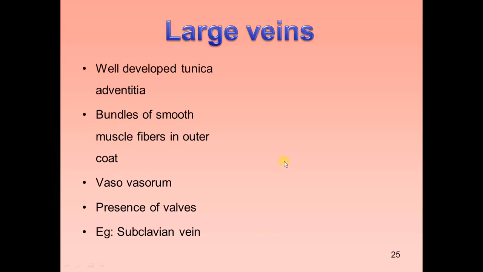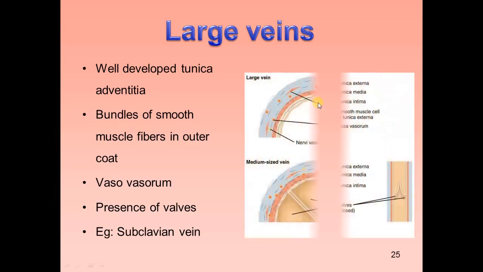So large veins are mainly characterized by the tunica adventitia. See, the thickness of the tunica adventitia is more than the tunica intima. A lot of elastic fibers are seen, and not only that, smooth muscle fibers are seen in the tunica adventitia. They are characterized by vasa vasorum, as large vessels usually have smaller vessels supplying them, and by the presence of valves.